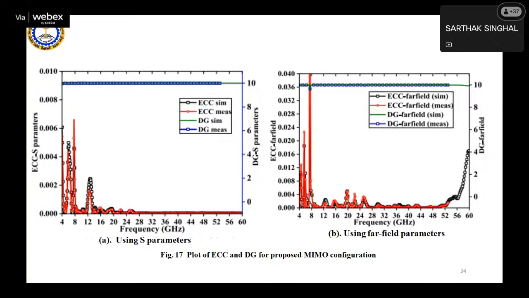In all cases, the ECC was less than 0.007 for S parameters, and for the far field it was up to 0.04. And the DG was almost 10 in both cases.